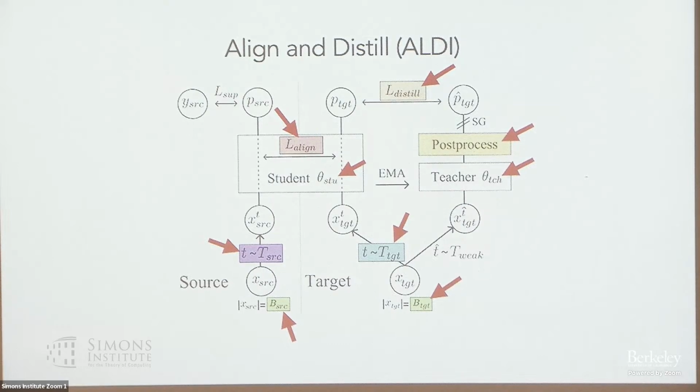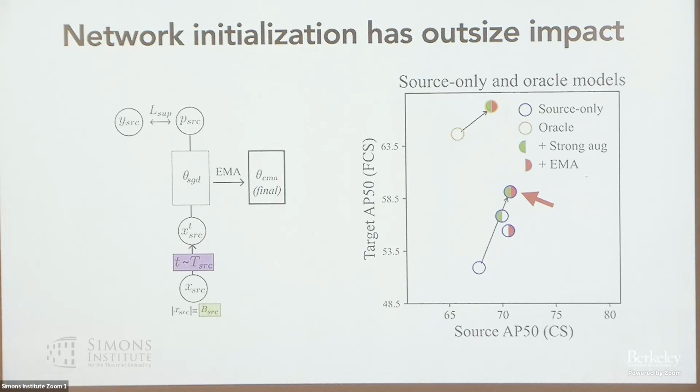Cool. So now you have all these different components, and you can actually do some nice systematic experimental analysis. What we found, which is a positive from the benefit of robustness side, is that your network initialization has a really outsized impact, and starting from a better model tends to be much better.